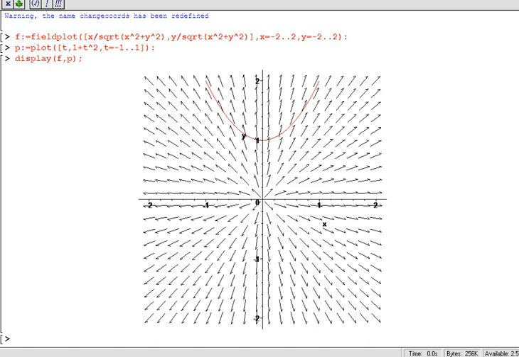Now, on the right side, you can see the vectors in quadrant 1, the vectors are going towards the parabola. As you travel the parabola left to right, in quadrant 2, the vectors are going opposite the direction you travel.